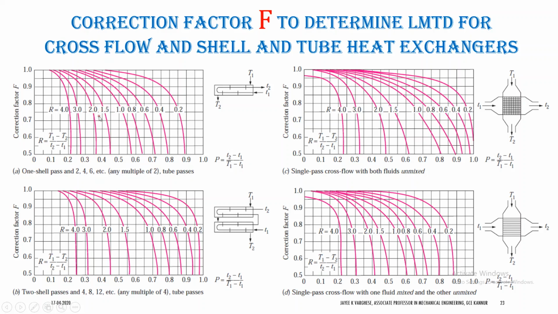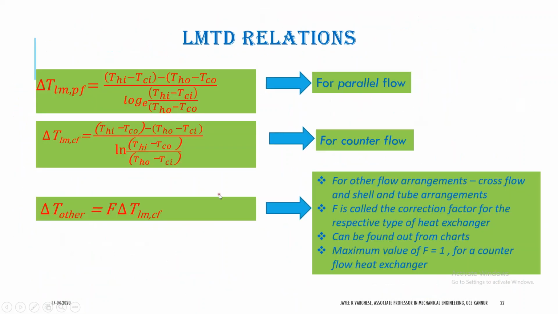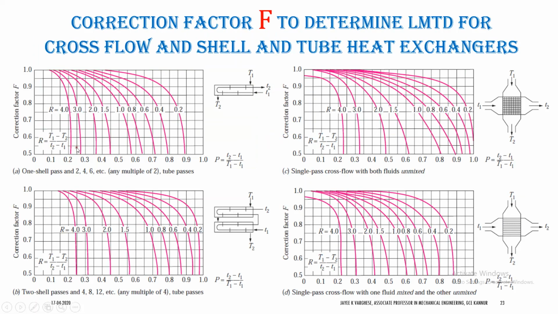For any value in between, like 0.2, 0.4, 0.6, or 0.5, 0.55, 0.6, you have to suitably interpolate. From this we find the correction factor, and this correction factor is used in the equation if the heat exchanger given in the problem is anything other than parallel flow and counterflow.